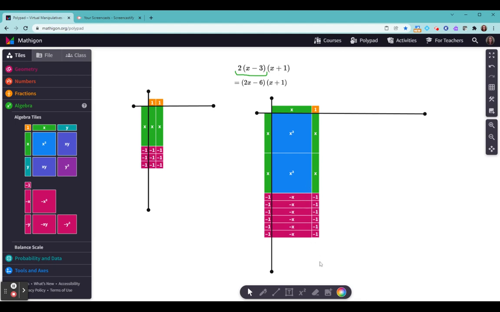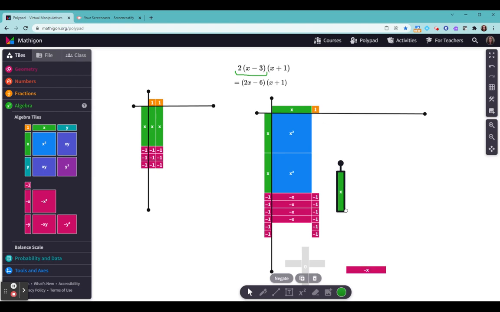So then to simplify, our 2x squared is here. We need to simplify our x terms. So I know that negative x plus x is 0, and negative x plus x is 0.